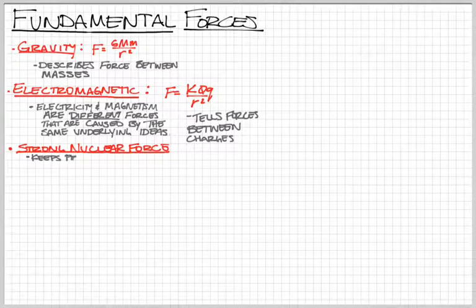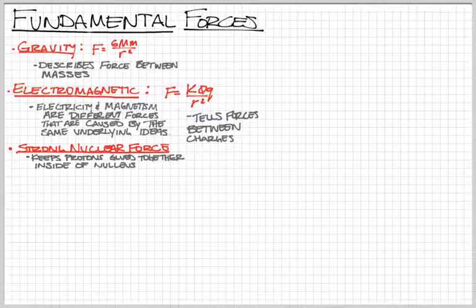The strong nuclear force is inside of the nucleus, and it's what holds the nucleus together. It keeps protons stuck to other protons. And we call this the strong force because protons are all positive, and they are repulsed by each other.